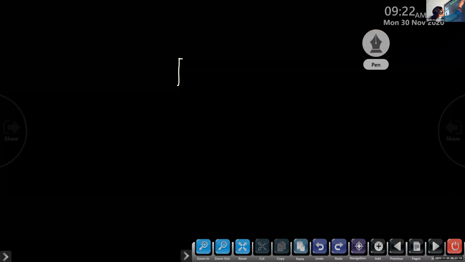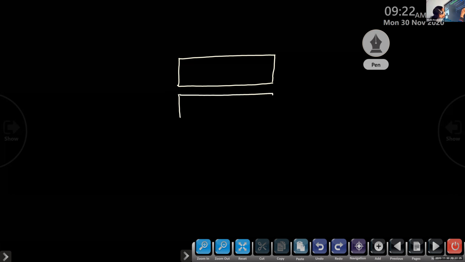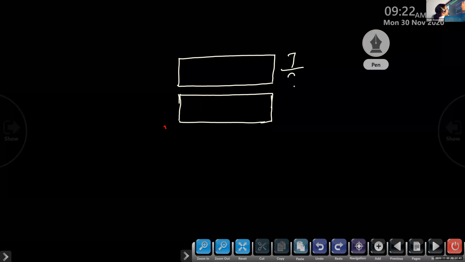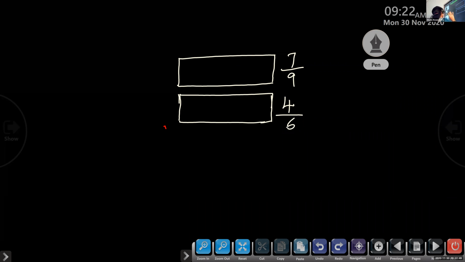The same size rectangle we have to draw here. The first one is 7 by 9. The next one is 4 by 6. For 7 by 9, children, you have to draw 9 equal parts.